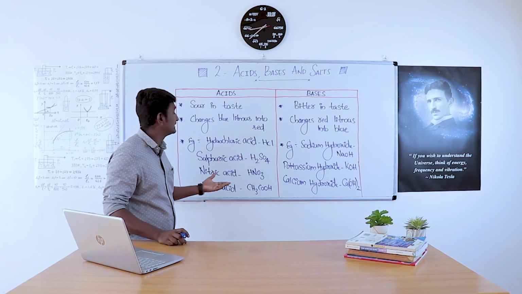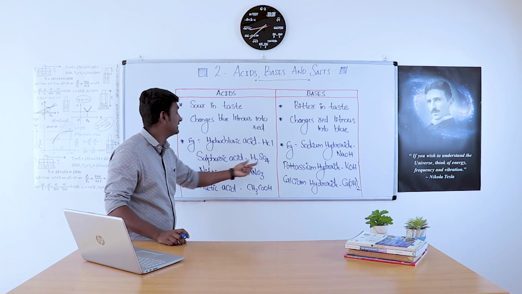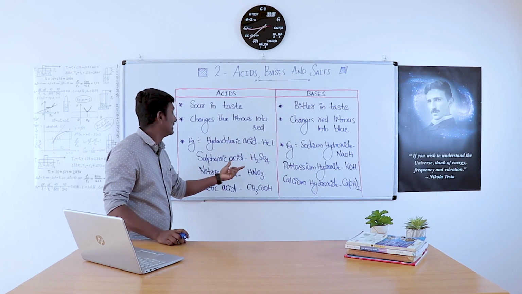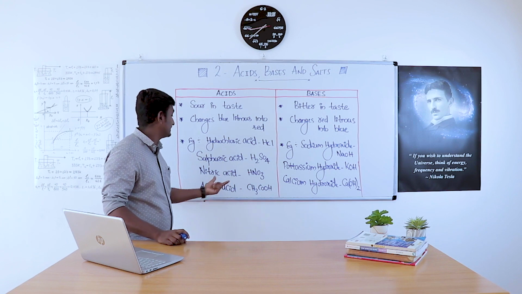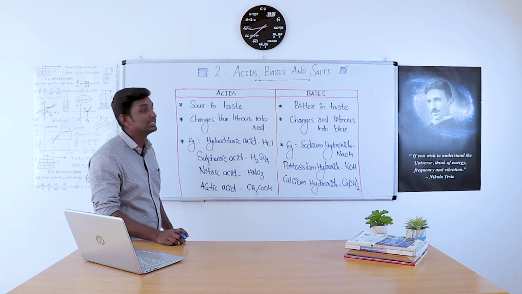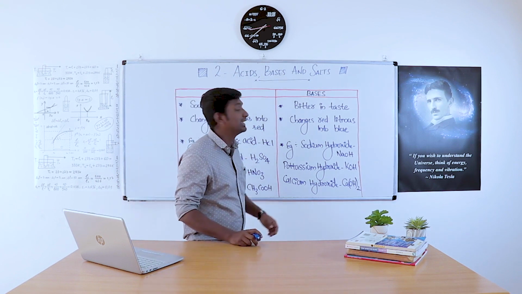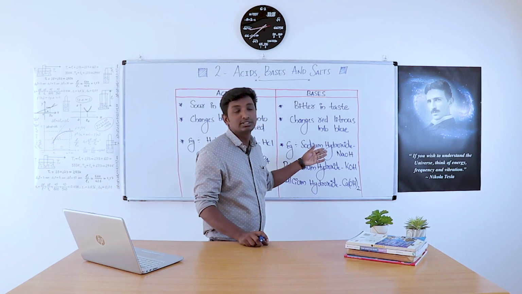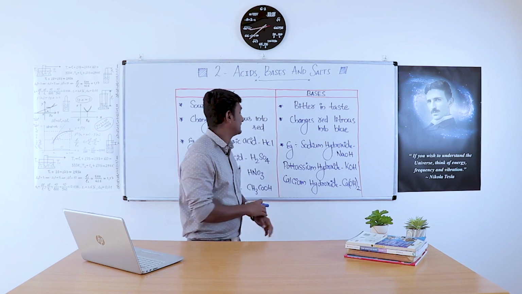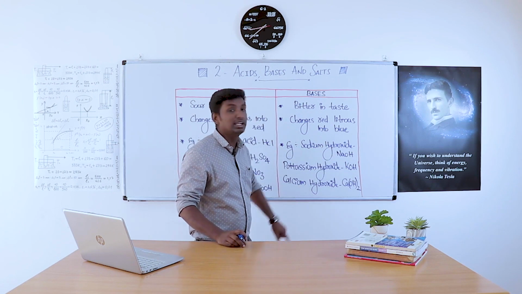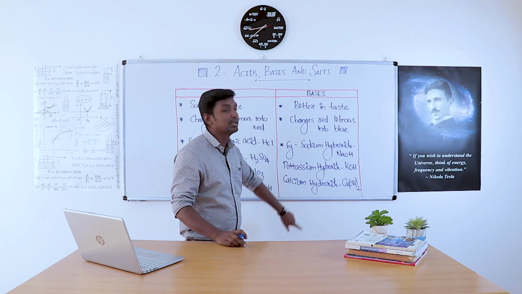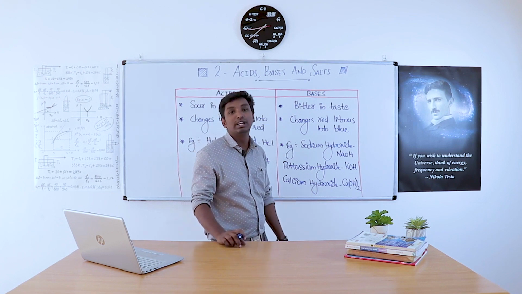HCl, hydrochloric acid; H2SO4, sulfuric acid, which is known as the king of chemicals; HNO3, nitric acid; CH3COOH, acetic acid. As examples for bases, we can say sodium hydroxide, formula NaOH. Potassium hydroxide, formula KOH. Calcium hydroxide, the formula is Ca(OH)2.